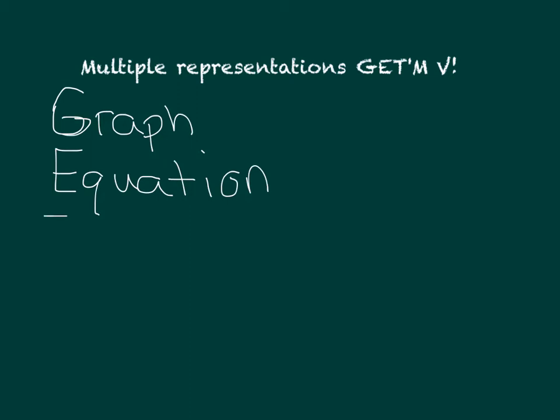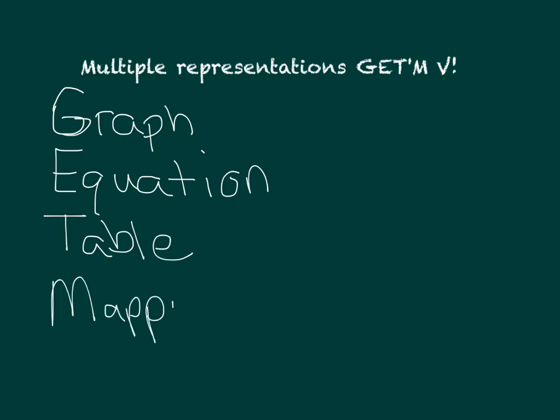T stands for table. M stands for mapping. And V, I just chose V. You could think of Victor or Vikings if you're a Vikings fan. If not, it's okay. And V for verbal description.